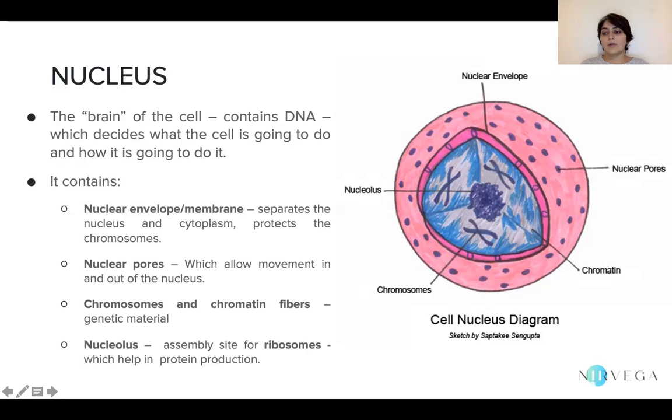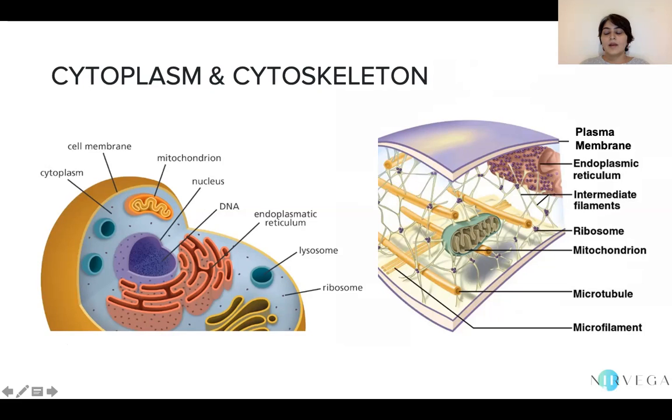Let's see where they go. These ribosomes can go to two places. Either they can be suspended in the cytoplasm, which is the fluid inside the cell. It is like a gel-like structure. This cytoplasm also has a cytoskeleton, which is like a framework of certain fibers.